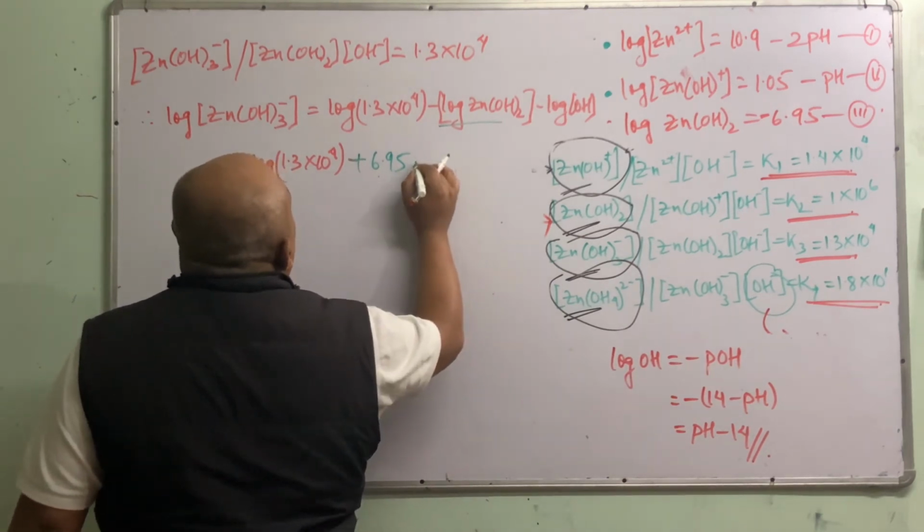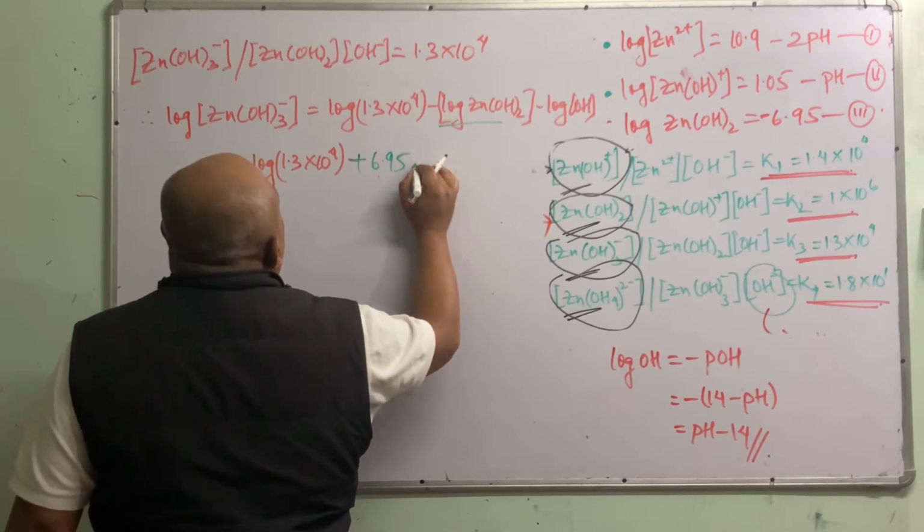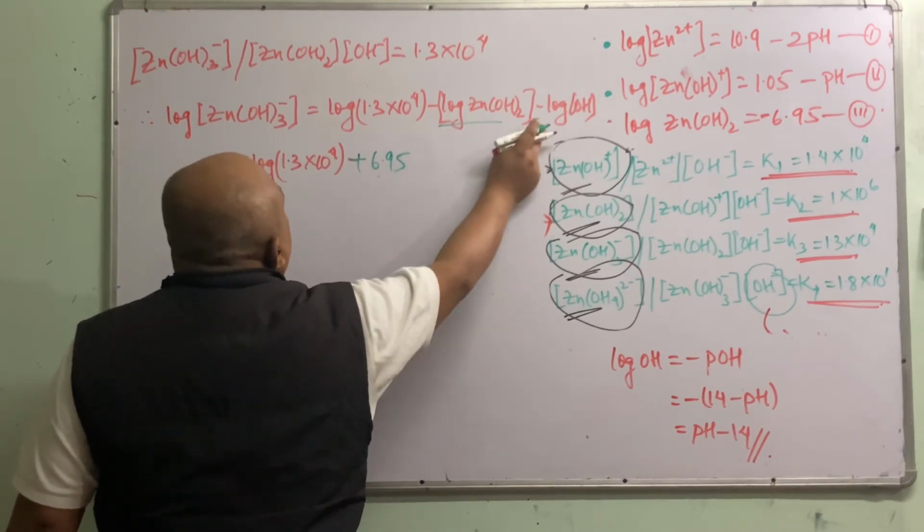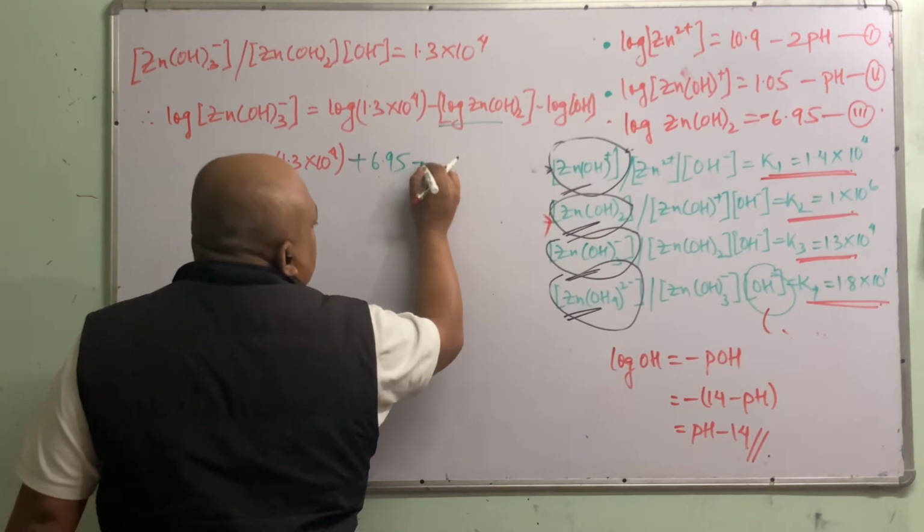Negative log of OH is pH. This is negative. Have I made a mistake in the previous video? Because this has become negative, I'm confused.